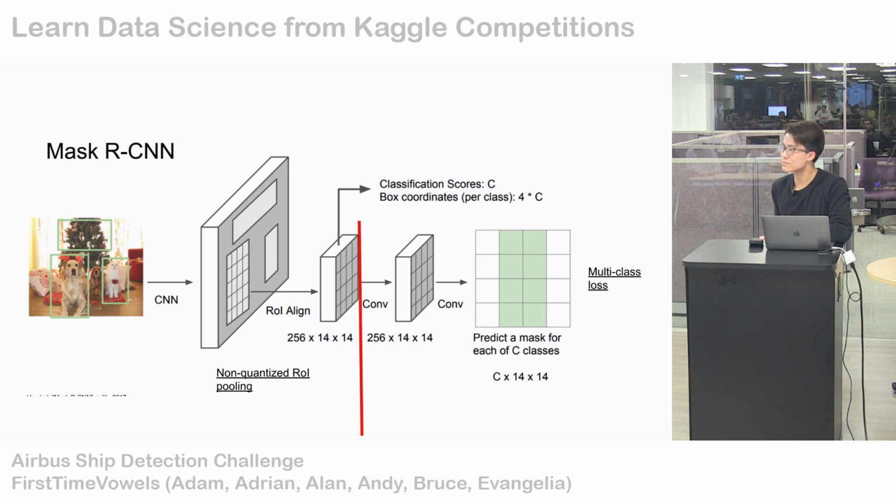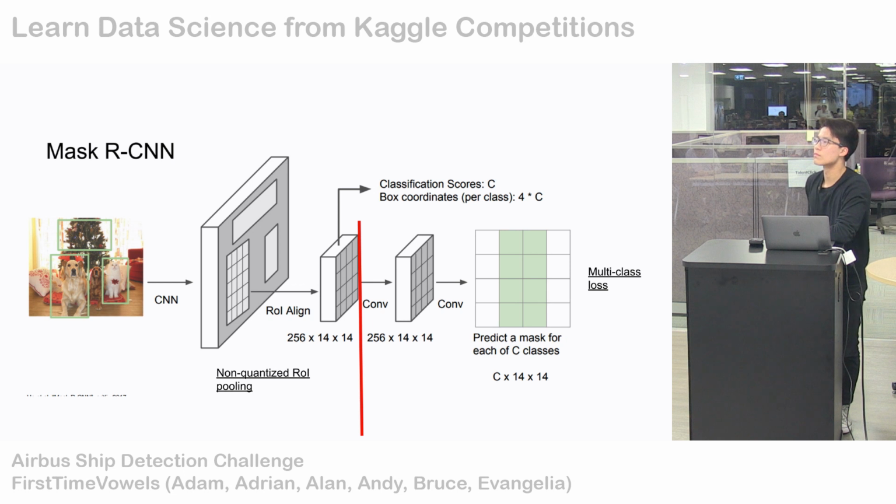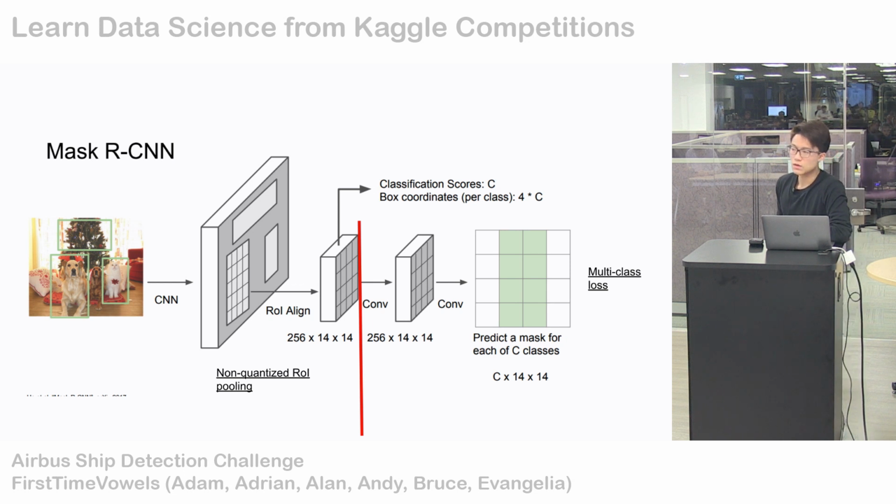I was just curious, how does the model deal with overlapping bounding boxes? If you have 2 ships side by side, what do you get out of it? Do you get 1 bounding box, or do you get 2 overlapping? In this case, I'm not quite sure what the original Mask R-CNN will do, but in the different solutions, there are different tricks to do that.